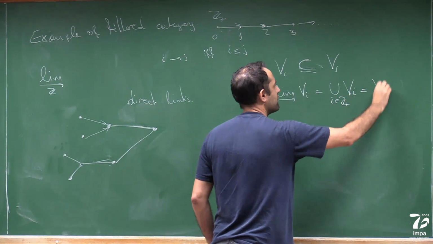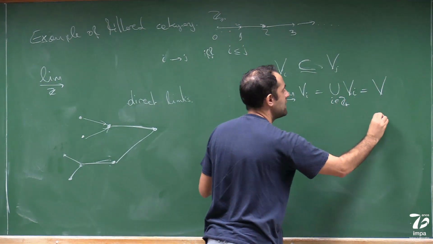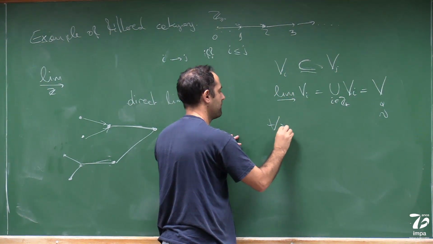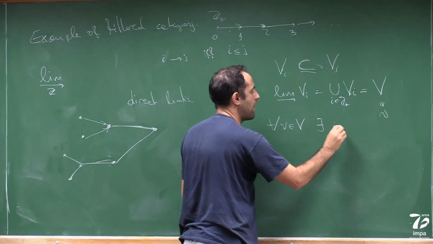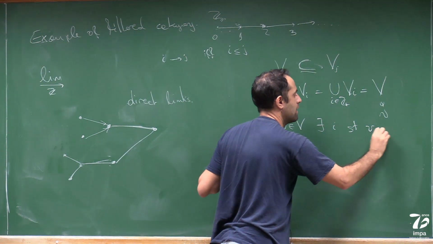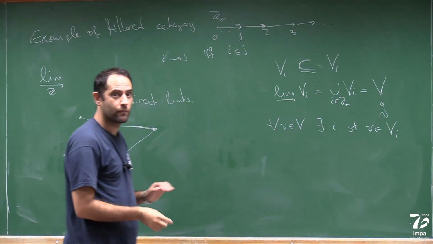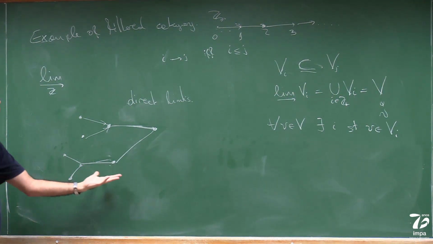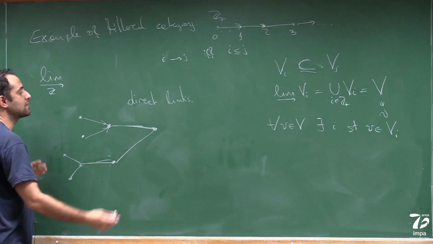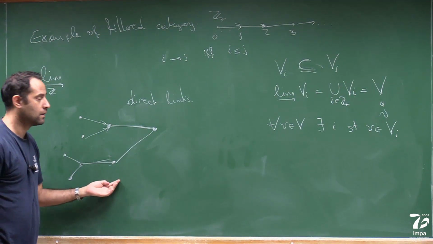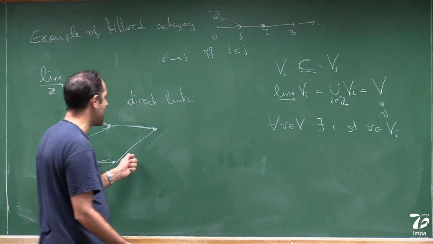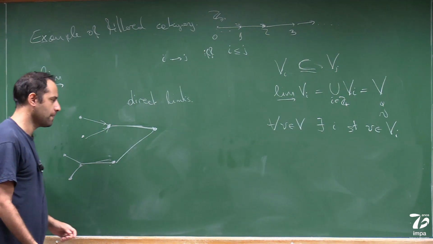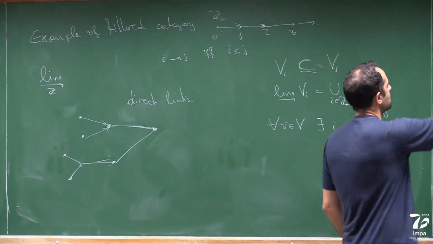The thing that we have in the back of our head is that any vector v belongs to some V_i. For every v, there exists some i such that v belongs to V_i. That's the way we think about direct limits. And the same thing for trees. If you give me a directed set like this, every vector is going to belong to one of the objects that you have here.